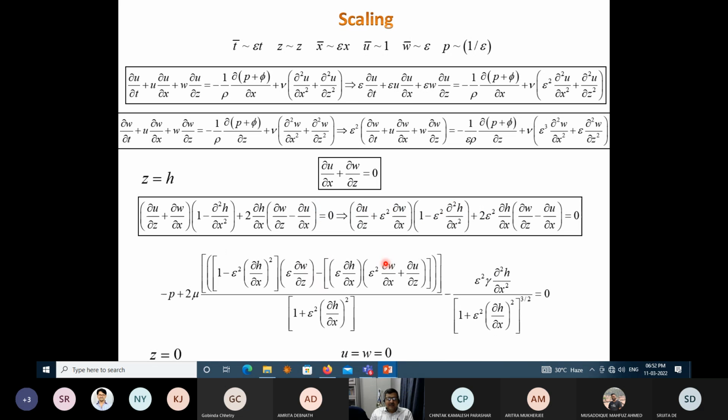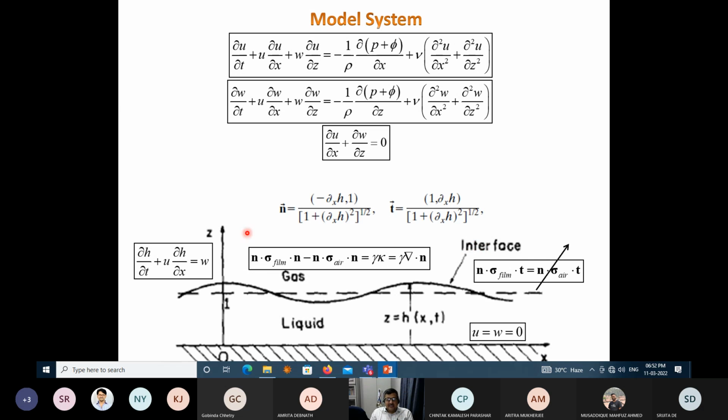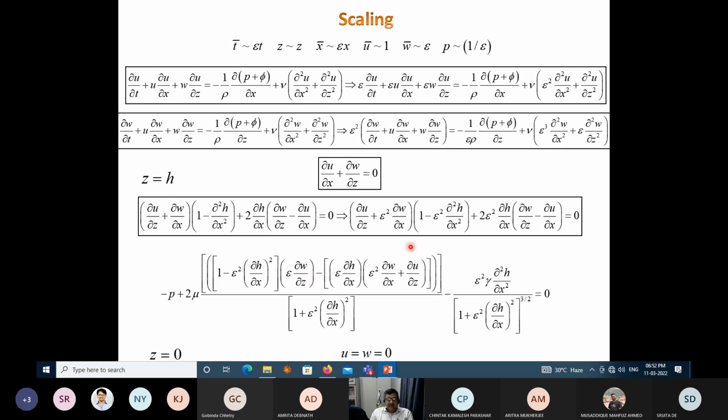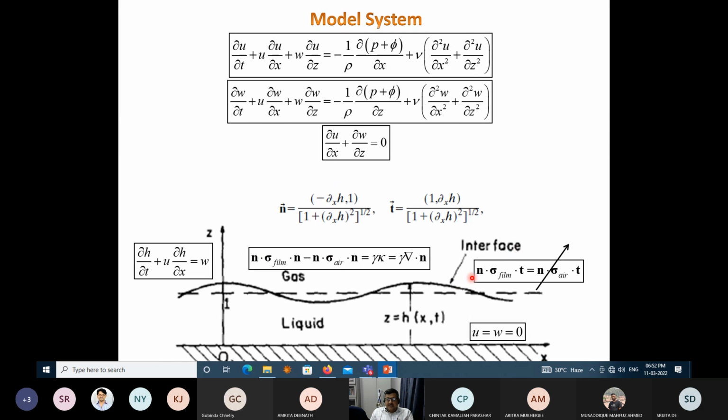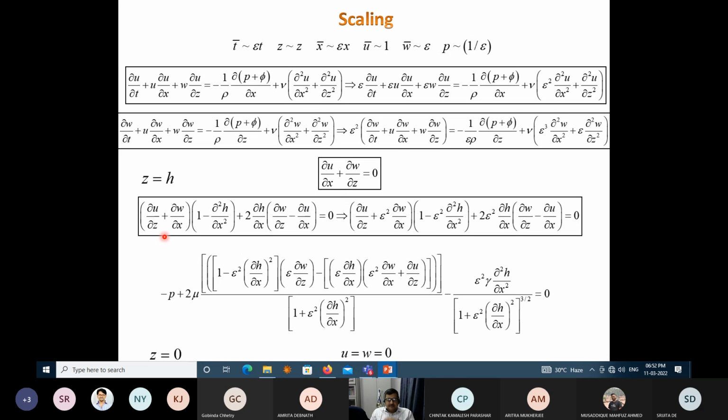If you put in all the parameters, the expression for your normal stress balance will come like this. And the expression for the tangential stress balance will come like this.